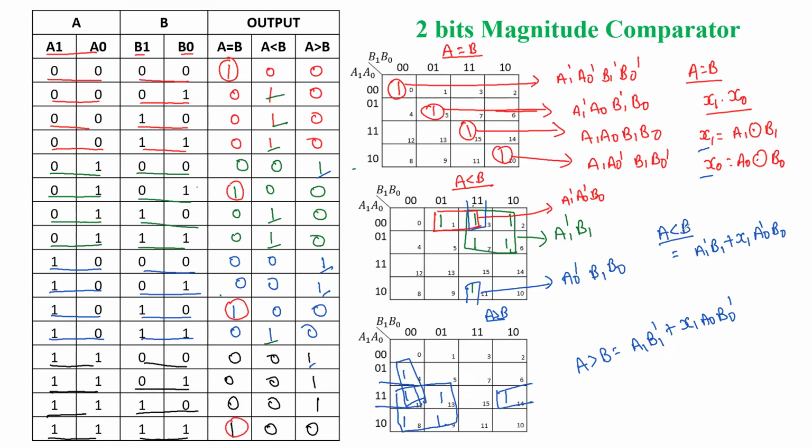So finally, in this, to represent A equal to B, we require two XNOR gates; for A less than B, two AND gates and one OR gate are required; and for A greater than B, we require two AND gates and one OR gate. So X0, X1, whatever is required here, like X1, we are going to implement in A equal to B. So like this, we are going to perform the 2-bit magnitude comparator for two numbers, each number having 2 bits.